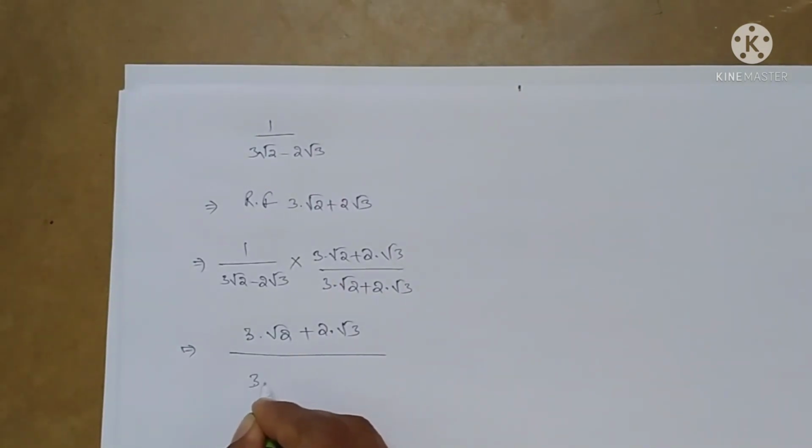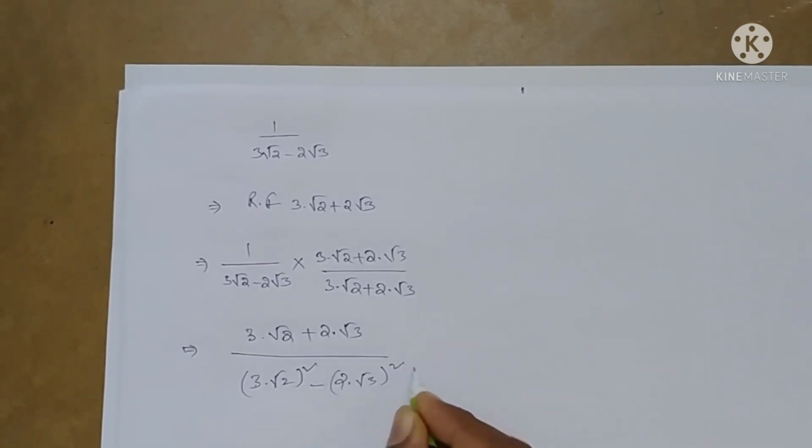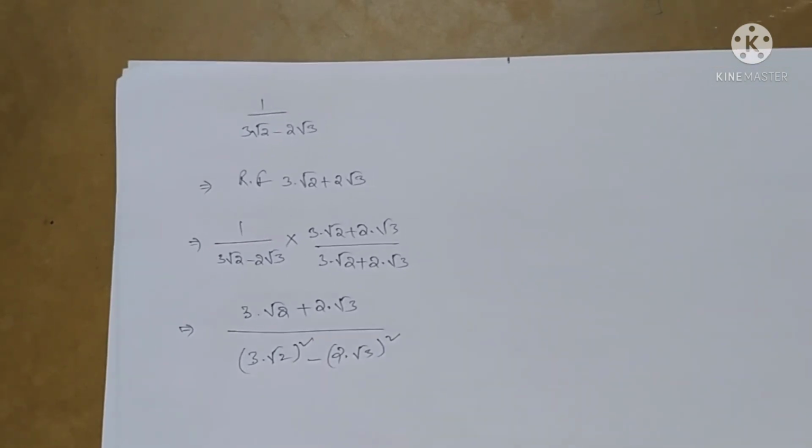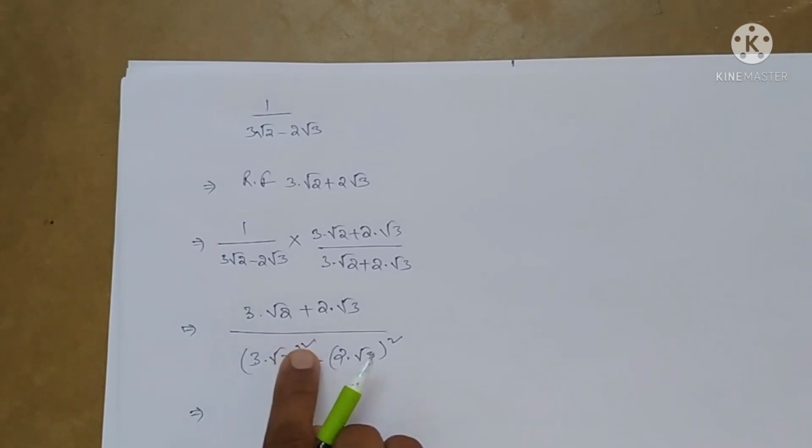So 3 into root 2 whole square minus 2 into root 3 whole square. For a into b whole square, the result is a square into b square, right?